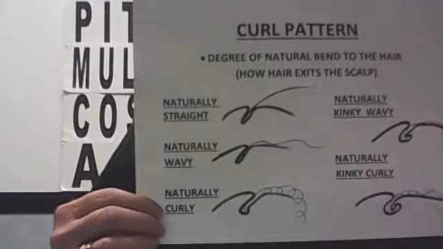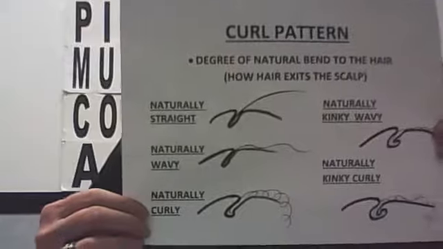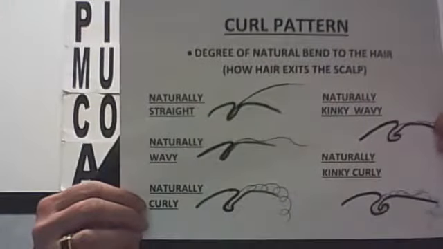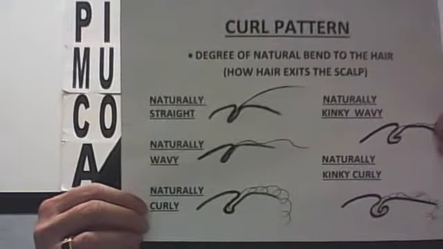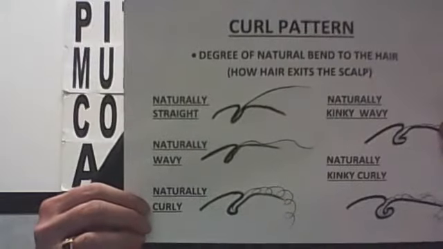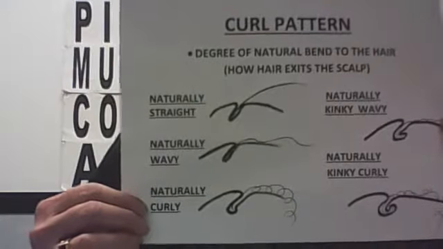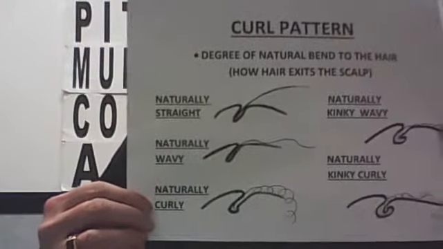If you cut that person's hair really, really short, the hair is going to look straight. As it gets longer, naturally straight hair will stay straight, naturally wavy hair will start to form a wave pattern, and naturally curly hair will start to form a curl pattern.